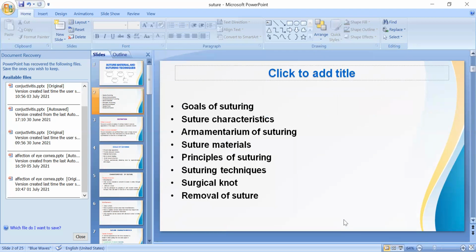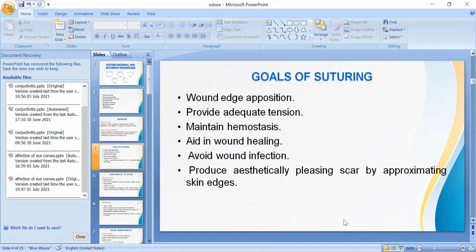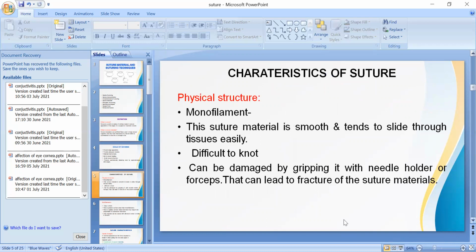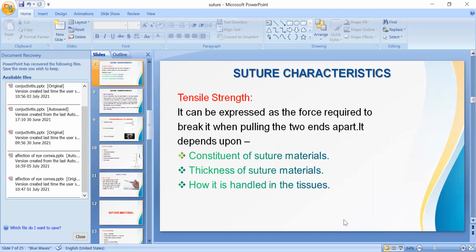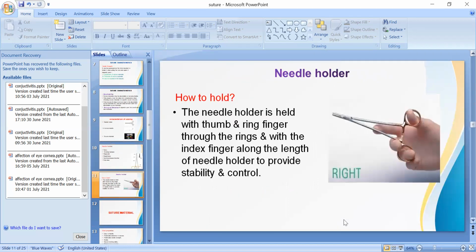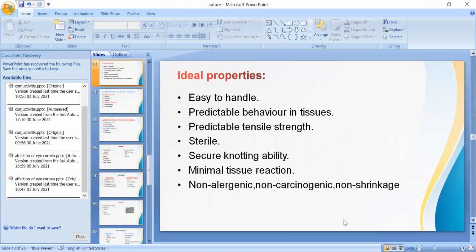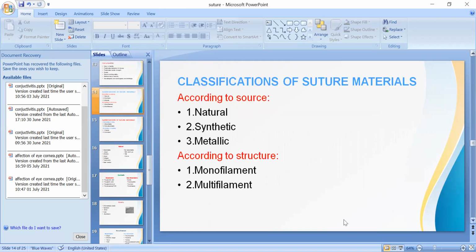And your important things: you should know the definition of suture, suture material, then goals of suturing, characteristics of suture, then different types of characteristics of suture, then how to handle your needle during suturing, then ideal property of suture, then classification of suture is also very important.